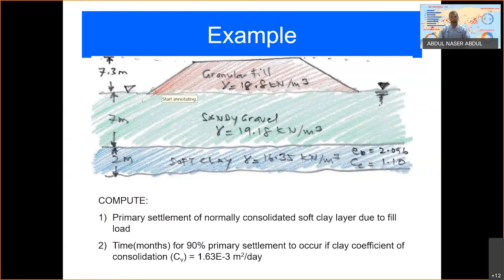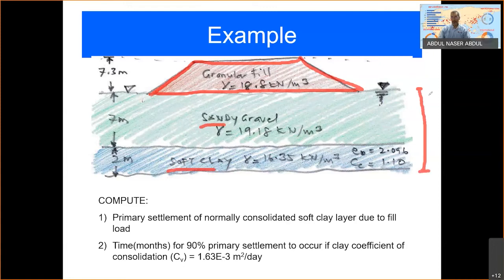This is the embankment that we want to do calculation for. We have a sand layer and a soft clay layer. We need to calculate the settlement from here to here. What will be the settlement? How much? 1 meter? We want to know the settlement.